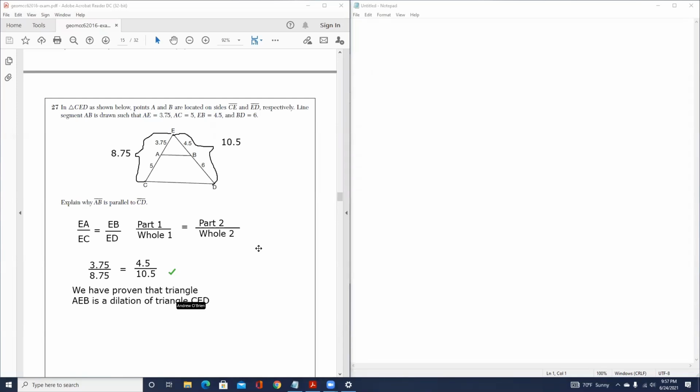If you want to prove that they are similar, then we know that we can set this as congruent, and because we have two proportional sets of sides and an angle which is congruent to itself, we have triangle CED is similar to triangle AEB.